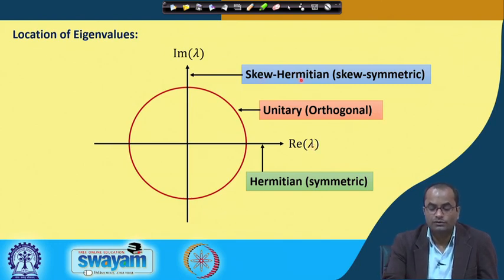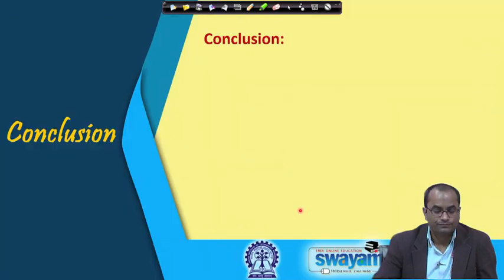For skew Hermitian and skew symmetric we have the same thing, and for unitary and orthogonal we have the same result, that they are of unit modulus. For Hermitian and symmetric we also have the same result for both, that they have real entries.